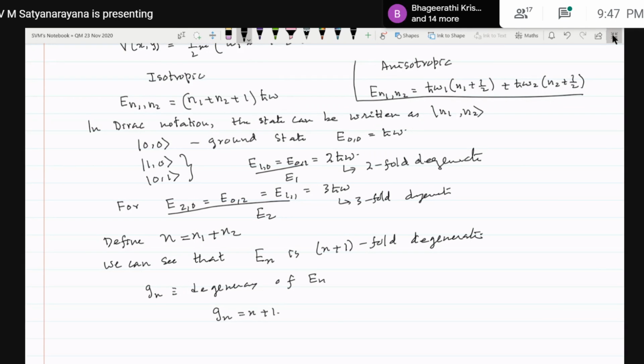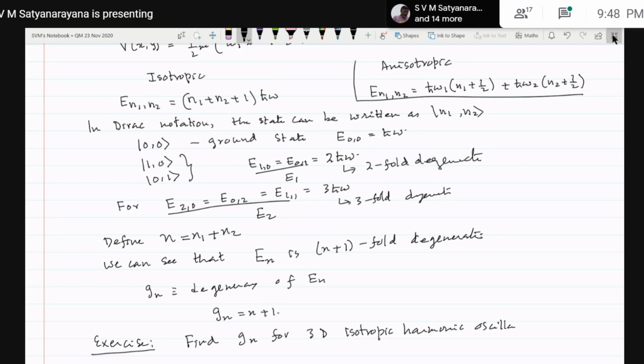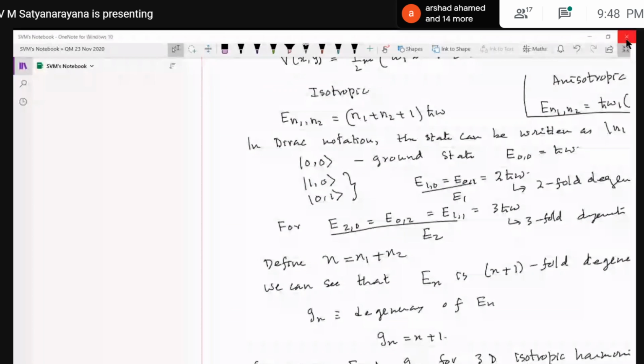This is for 2D. I would leave it as an exercise for you to find Gn for the three-dimensional isotropic harmonic oscillator. And there is no such degeneracy in the anisotropic harmonic oscillator. Maybe I will stop here, and if you have some questions, you can discuss.